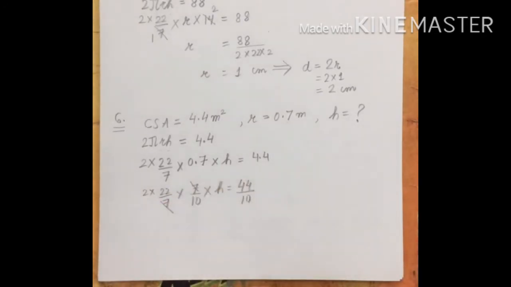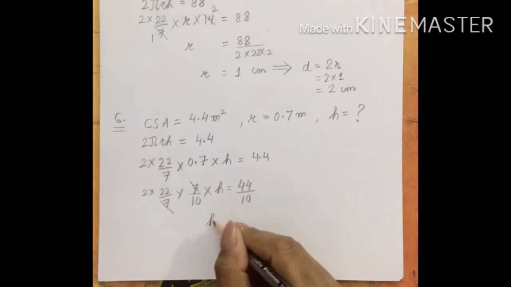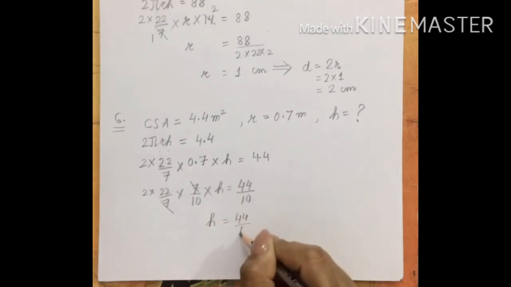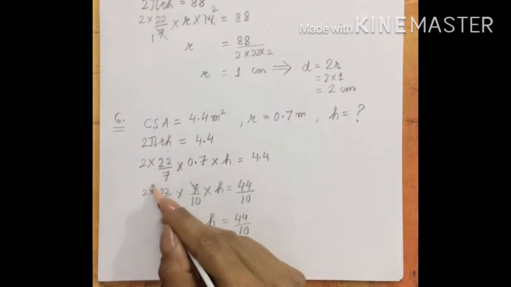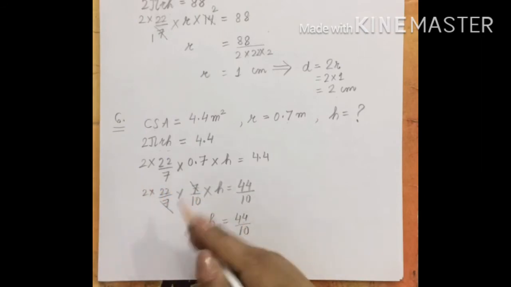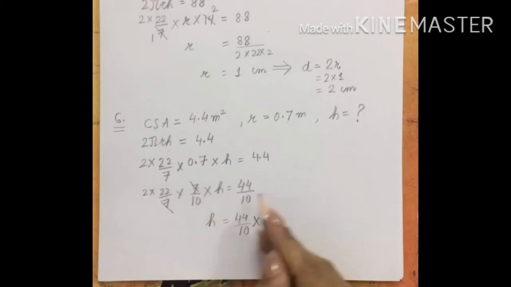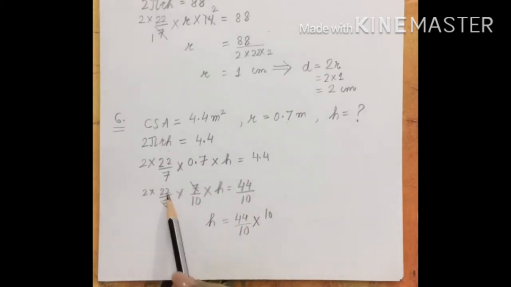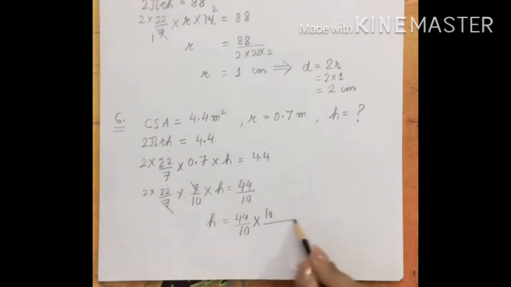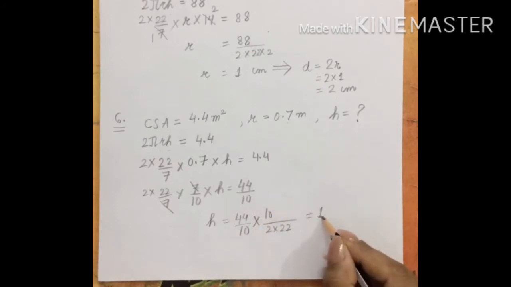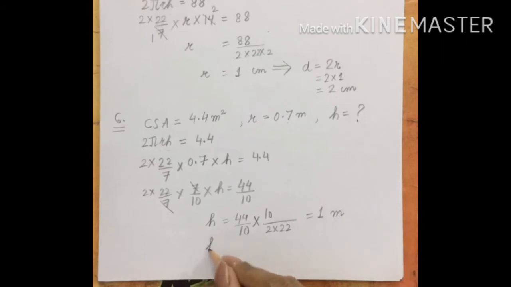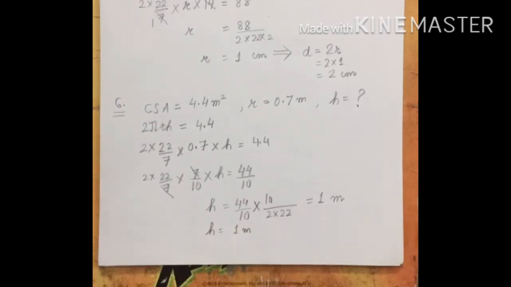This gets cancelled. h equals 44 by 10. Transposing 2, 22 and 10 to the right hand side. 10 was in the denominator, it will be in the numerator. 2 and 22 are in the numerator, they will now be in the denominator. So simplifying, this comes out to be 1 meter. So the height of the cylinder is 1 meter.